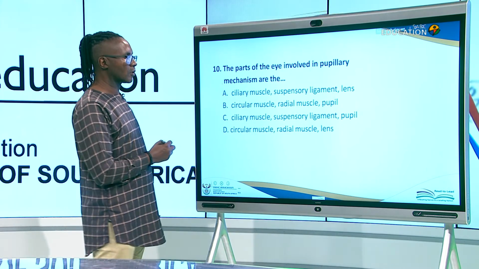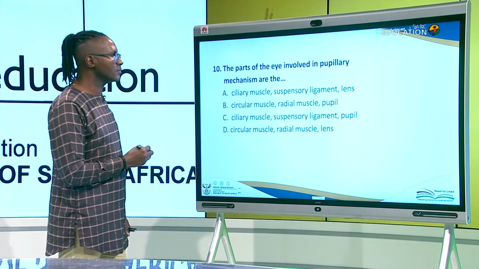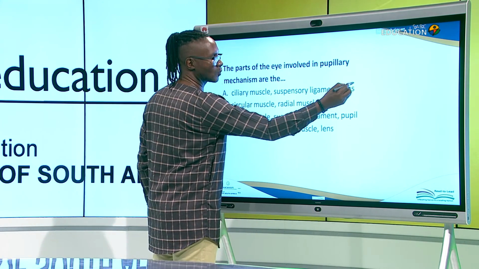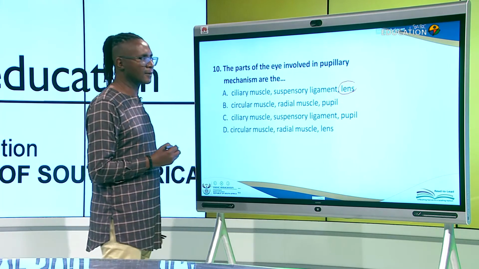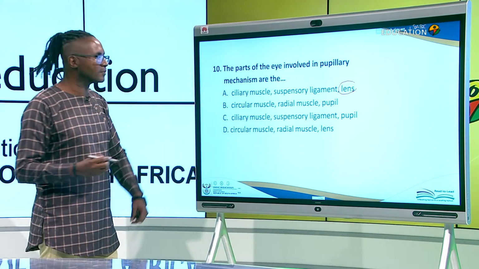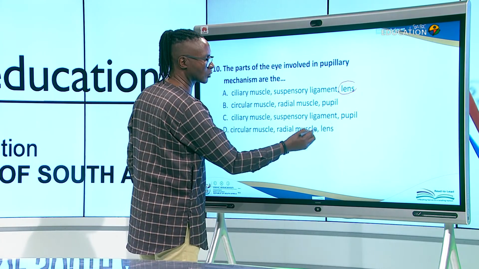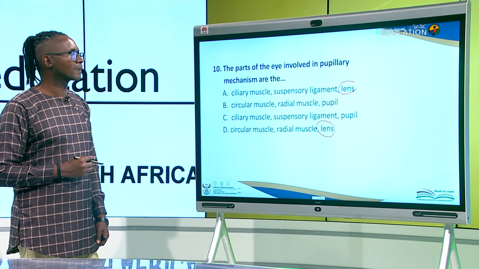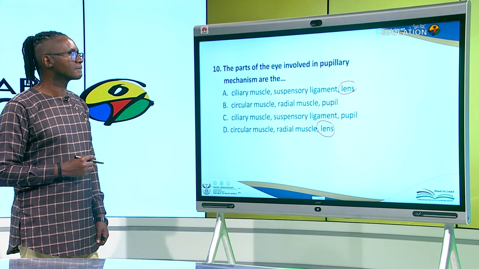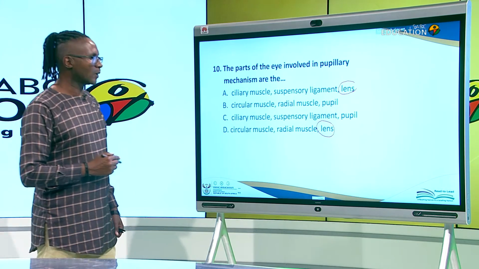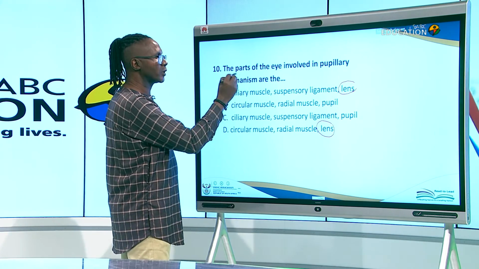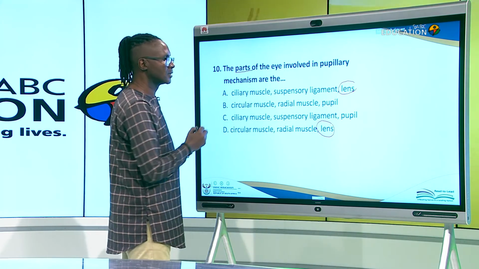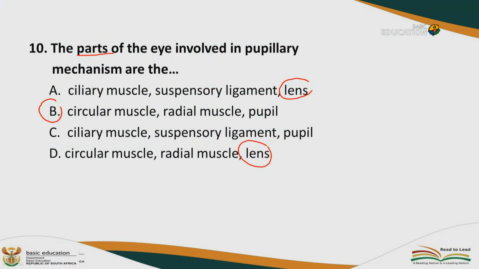So you cannot say this one because of the lens that is there, because we talk about pupillary mechanism, and this one is out altogether. Then we are left with two. We're looking at the parts. So our answer is B. Suspensory ligaments is out.